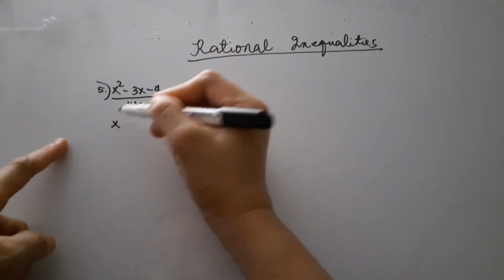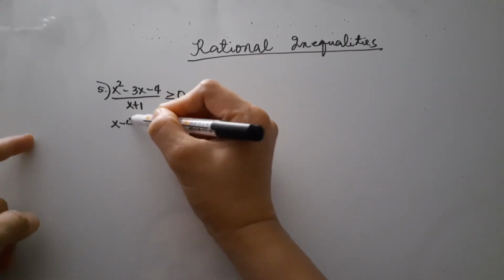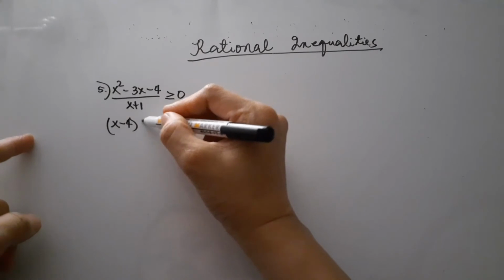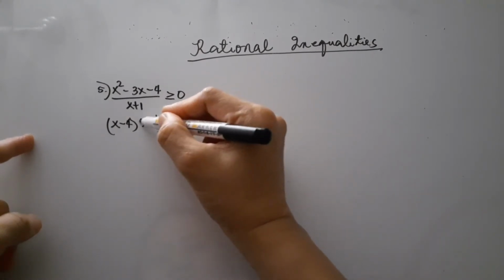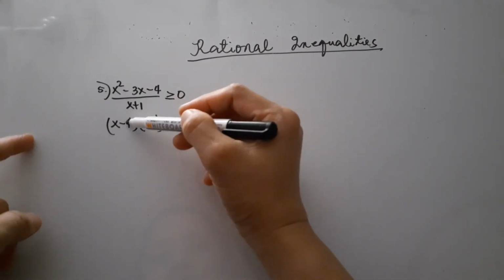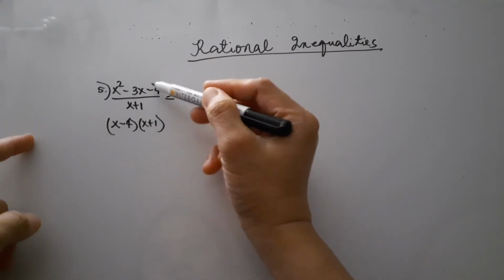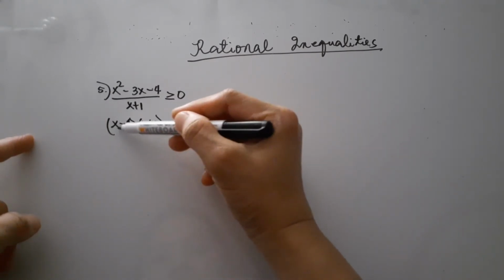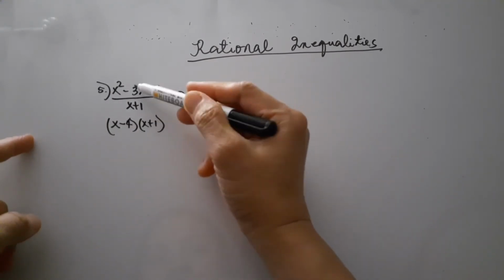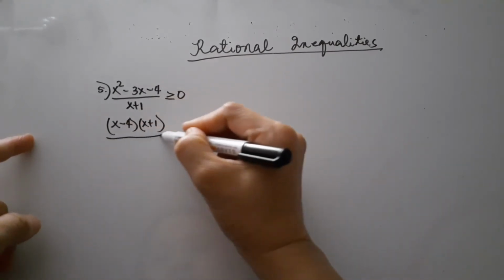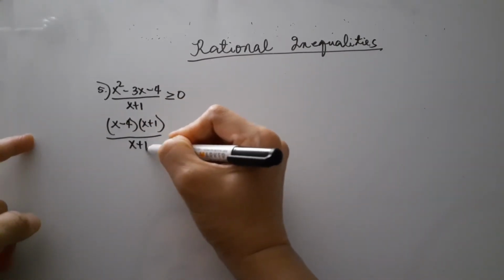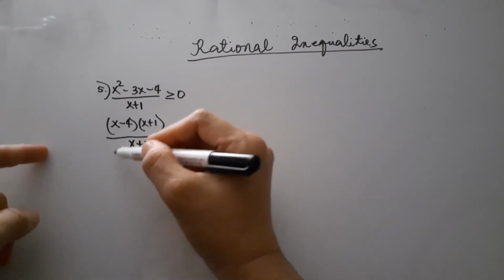So we have x minus 4 and x plus 1, since negative 4 times x is negative 4x. Then x times 1 is x, so negative 4x plus x is negative 3x. So we have this one.